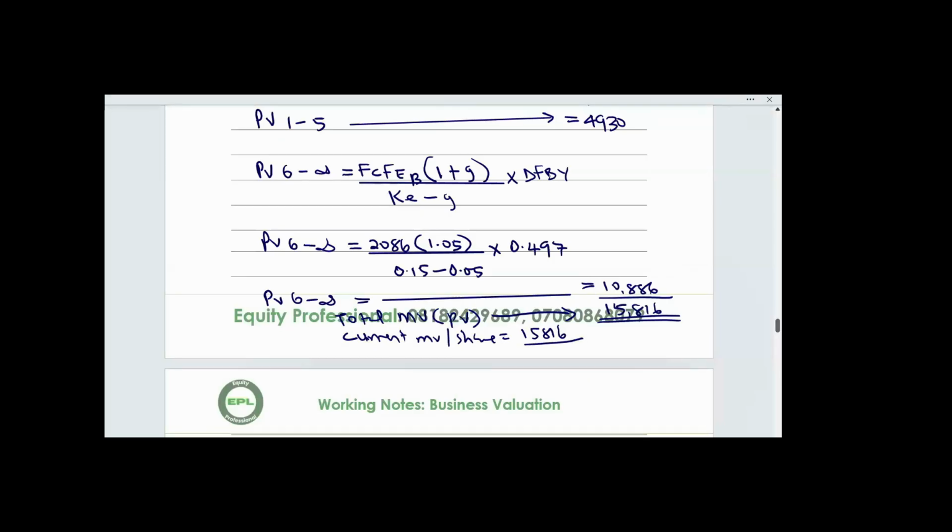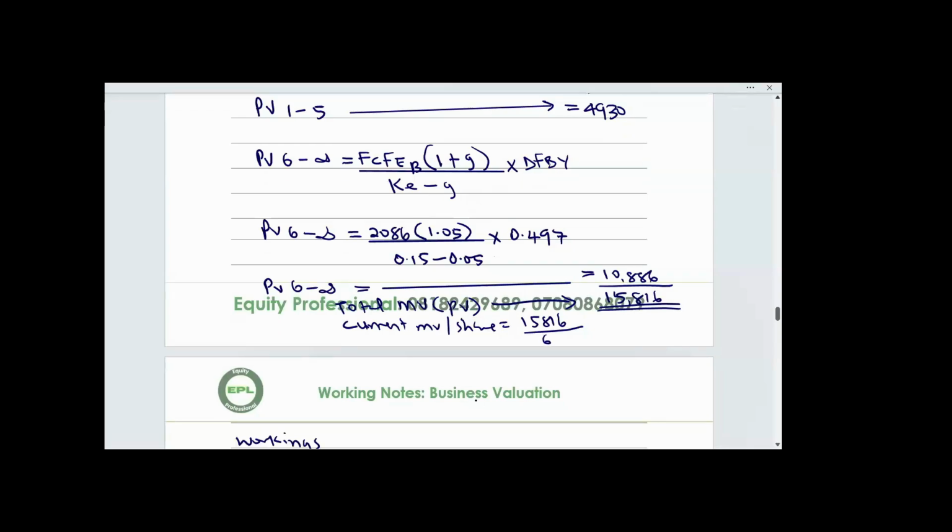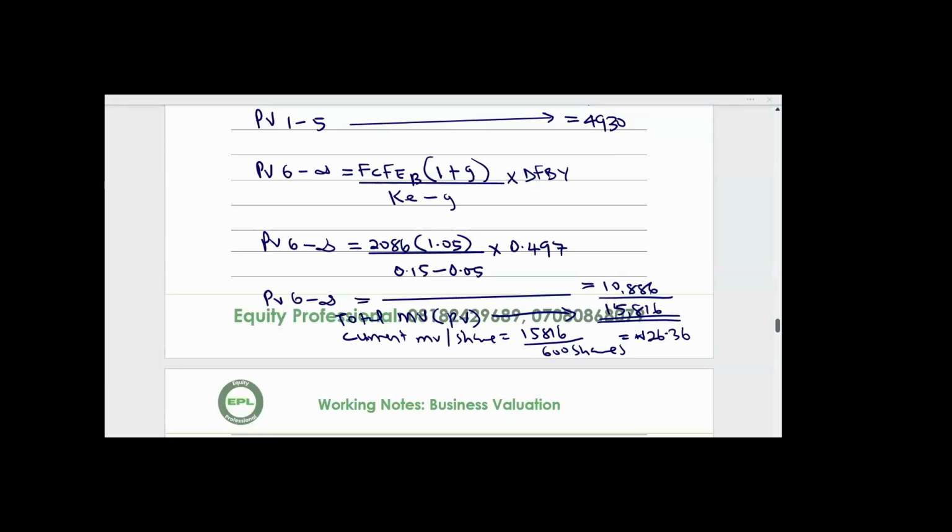What's the number of shares given to us? We are told that the company currently has 600 million shares. So divided by 600 million shares, 26.36. The examiner is asking you to use the free cash flow to equity model to calculate the current value per share. So I would then say the current value per share is 26 naira 36 kobo.